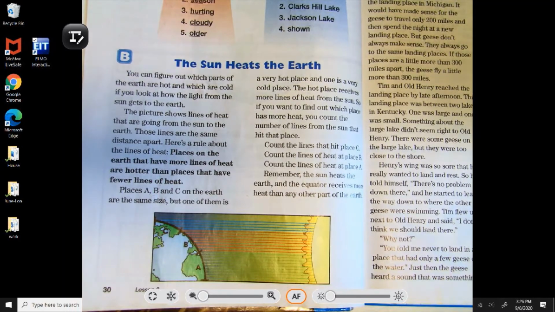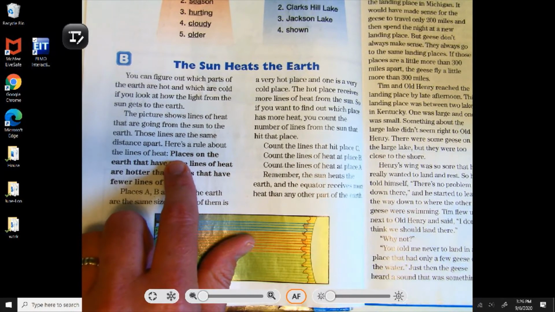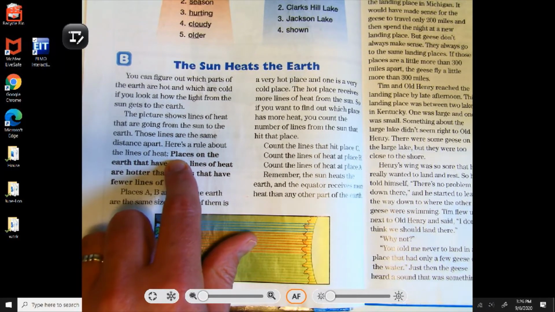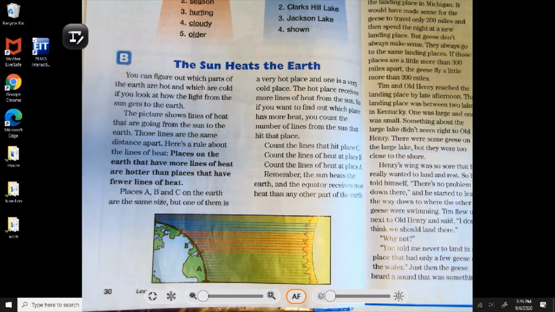Here's a rule about the lines of heat. Places on the earth that have more lines of heat are hotter than places that have fewer lines of heat. Let's say that rule together. It's in bold. Are you ready? Places on the earth that have more lines of heat are hotter than places that have fewer lines of heat.